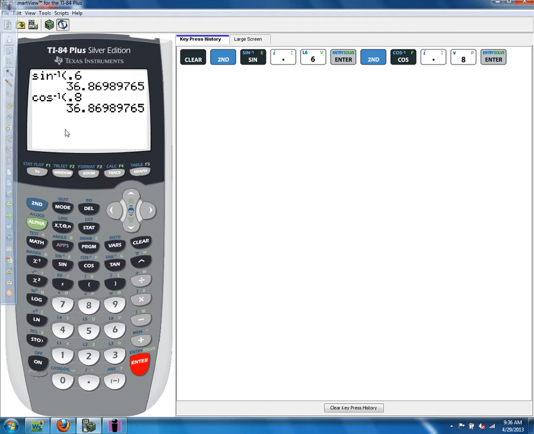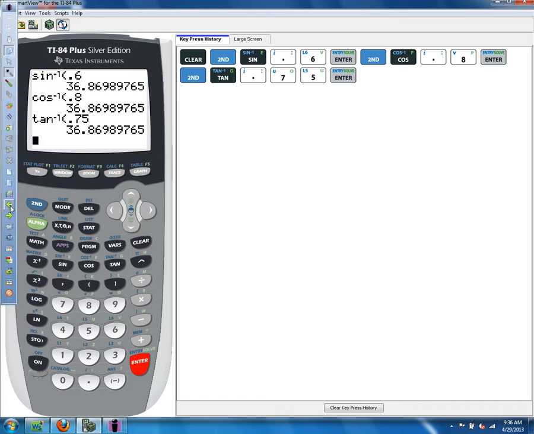And I should get the same thing if I do the inverse tangent of 0.75. We said the tangent of the angle is 0.75. Plug that in, and I get the same angle for any way that I go to calculate. So to find the angle, we use the inverse of whatever ratio we were talking about.